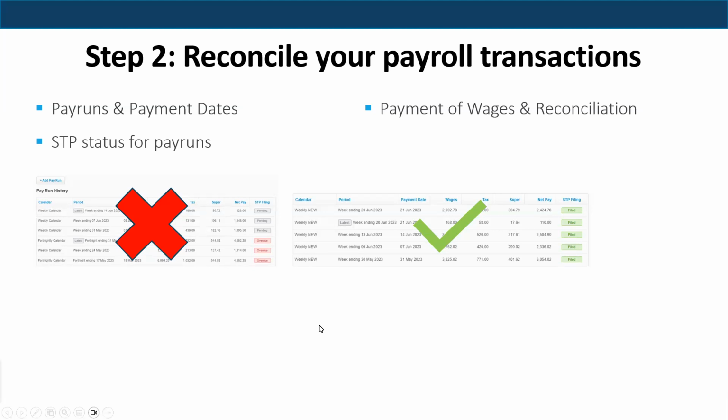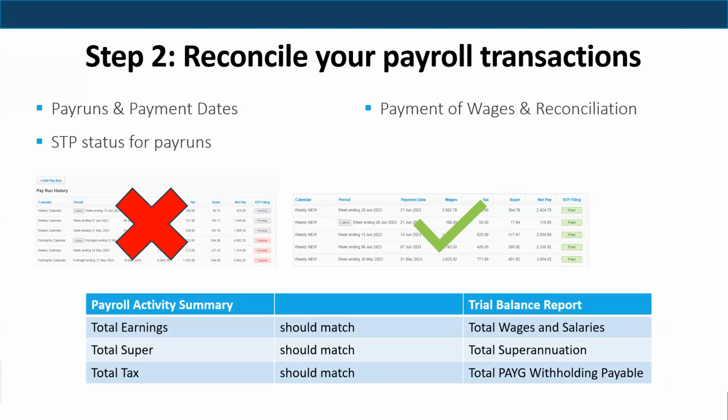Okay, we can now extract the reports to reconcile our payroll accounts. So today we'll be running the payroll activity summary report and the trial balance report to reconcile our data. You can see from the table that's just appeared that some items from our payroll activity summary should match certain items on our balance sheet report.